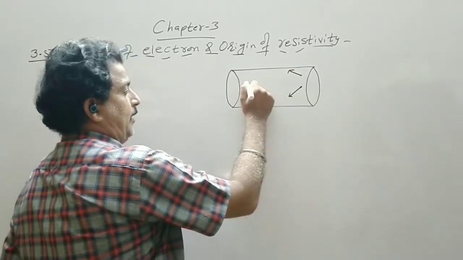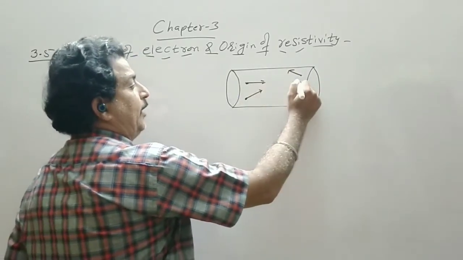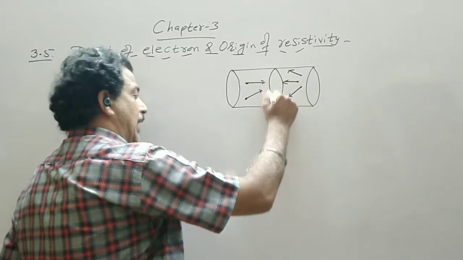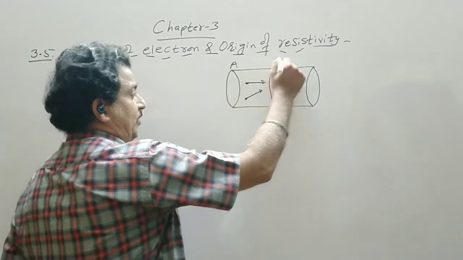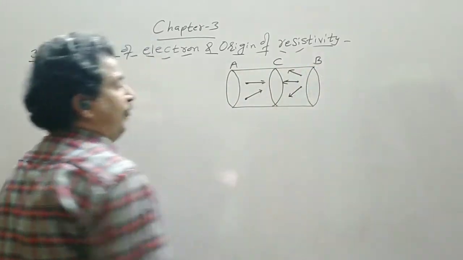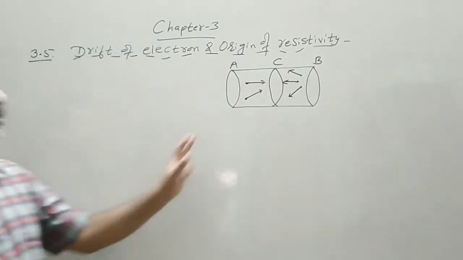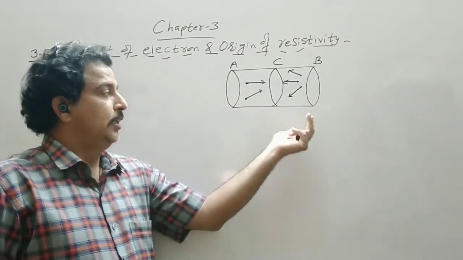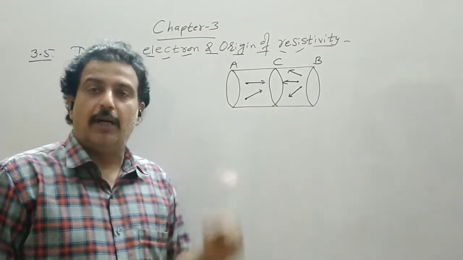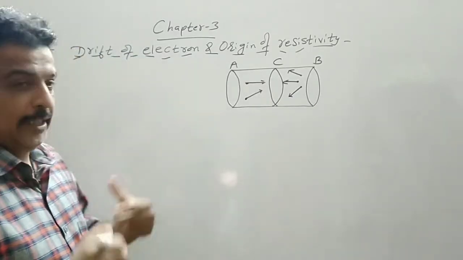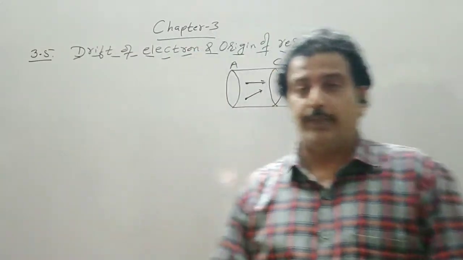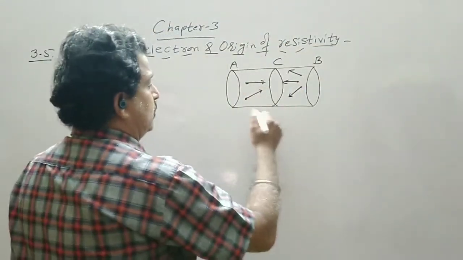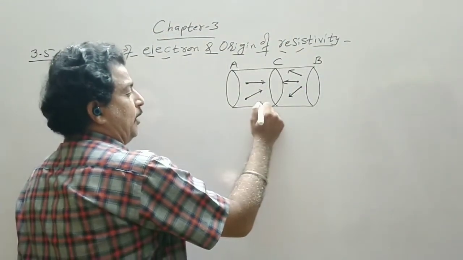So we consider the random motion of the electron, and we have said that on an average the number of electrons or charge passing through the cross section is equal to the number of charge crossing the same cross section in the opposite direction. So the net amount of charge comes out to be zero, and therefore the current is zero.